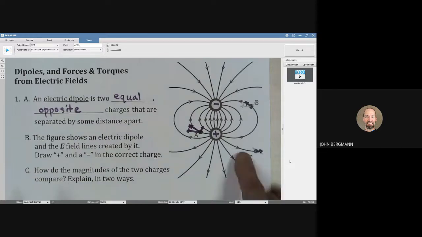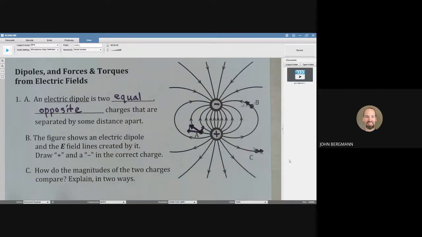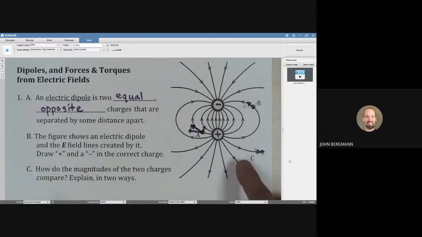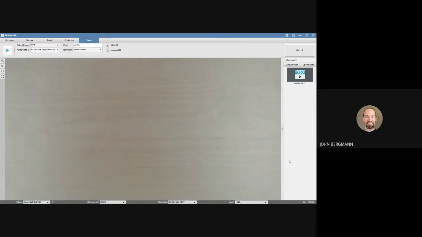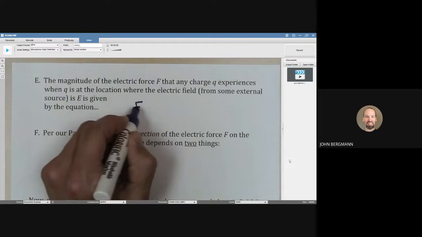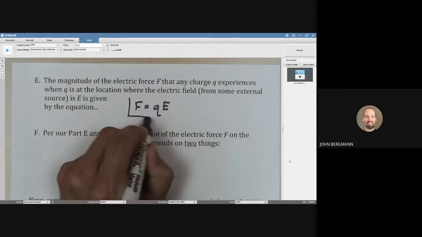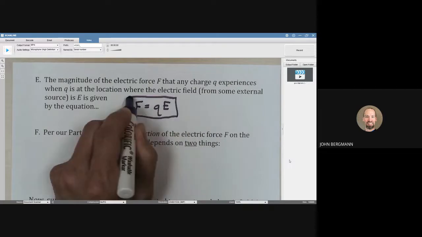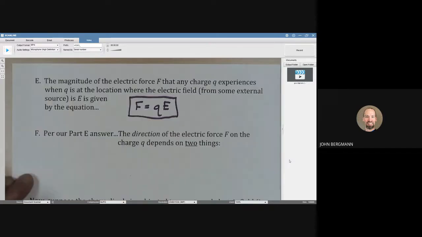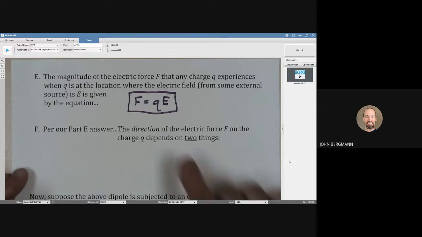The net force that any positive test charge would feel follows the tangent of the electric field lines. The magnitude of the force that any charge would feel if it's in somebody else's electric field is given by this equation right here. And if you do any work in electricity, you'll get a lot of mileage out of that equation. Now, the direction of this force, this is the magnitude of the force.